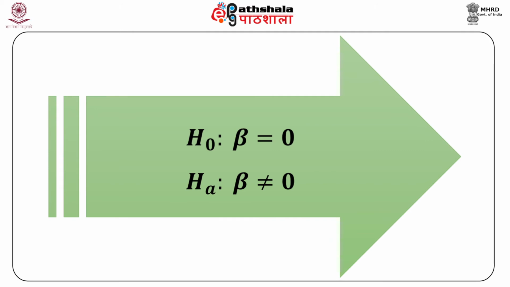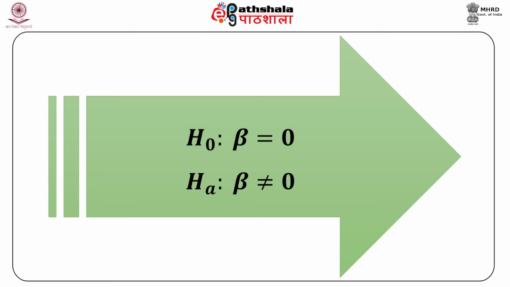And again, our null hypothesis is the same, which is beta equal to 0. And again, the alternative hypothesis is beta is not equal to 0. So consistently, we are making the same kind of hypothesis, so that we understand the basic testing of hypothesis under regression analysis.